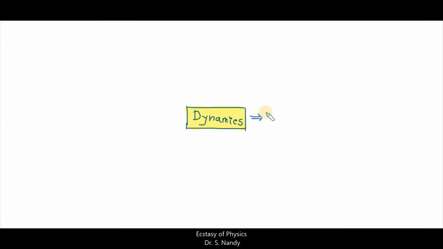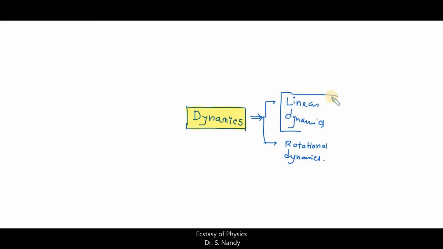So basically dynamics can be classified in two ways: linear dynamics and rotational dynamics. However, in this section we are only going to consider linear dynamics.